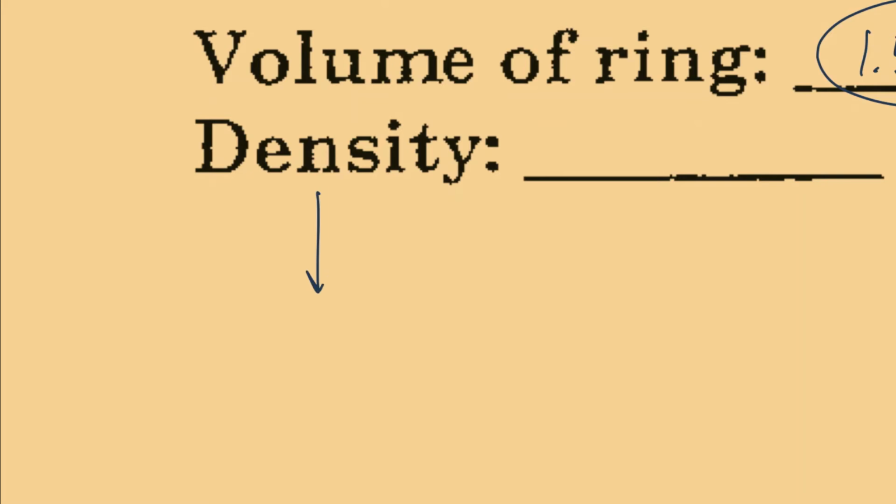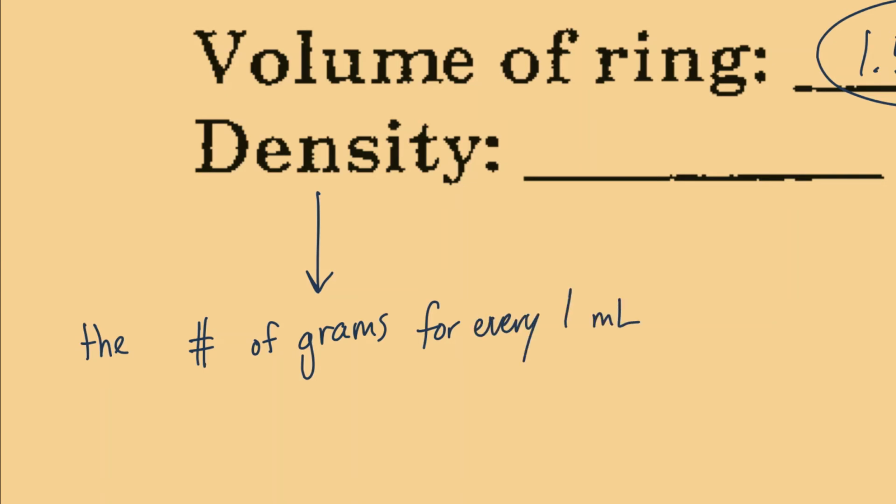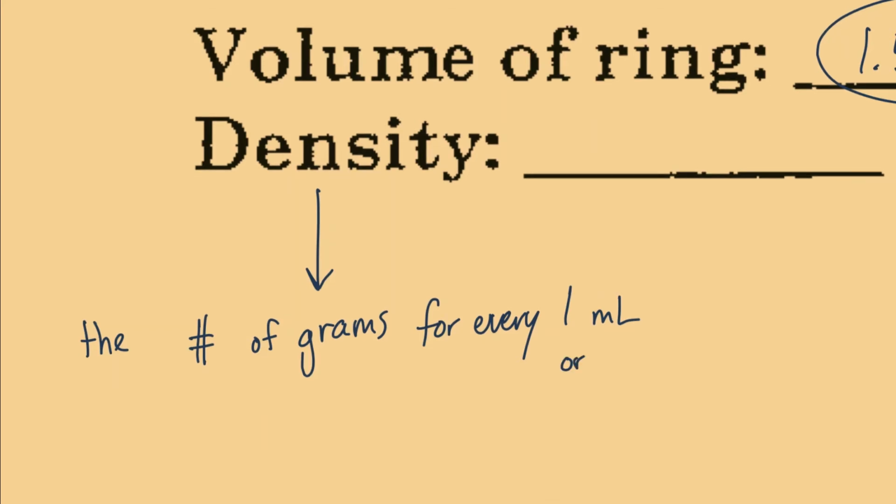We should know by now that density is the number of grams for every 1 milliliter, or cubic centimeter, right? If we want to use cubic centimeter.